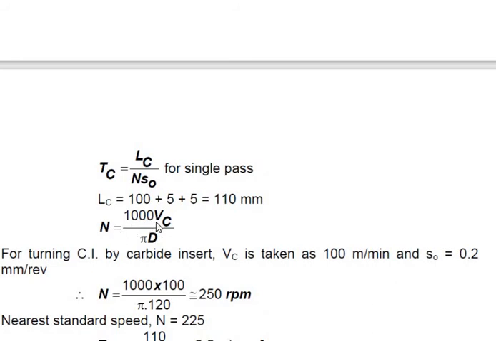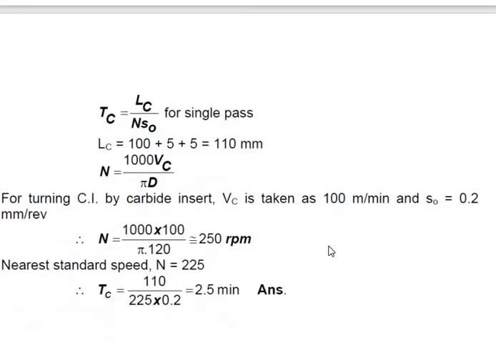N is equal to 1000 Vc by pi D. Substituting the values, N is equal to 1000 into 100 divided by pi into 120, diameter D is 120, that is about 250 rpm. Nearest standard speed N is equal to 225. Therefore Tc is equal to 110 by 225 into 0.2, that is 2.5 minutes.